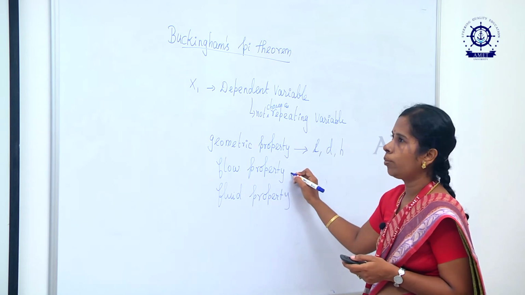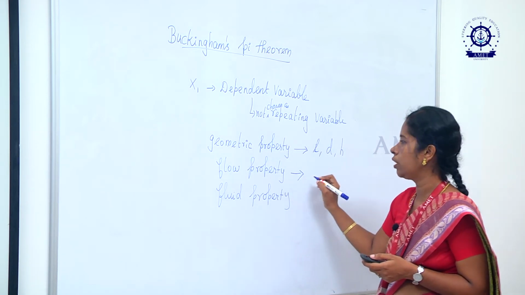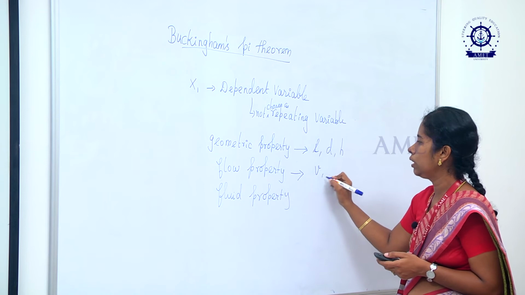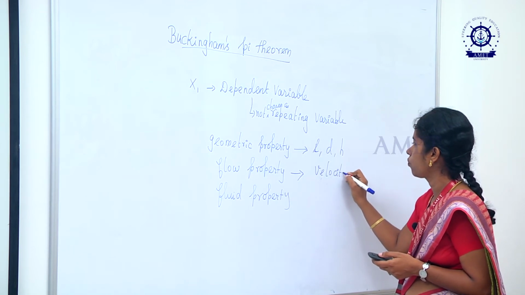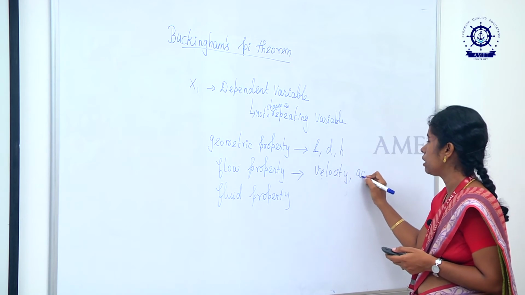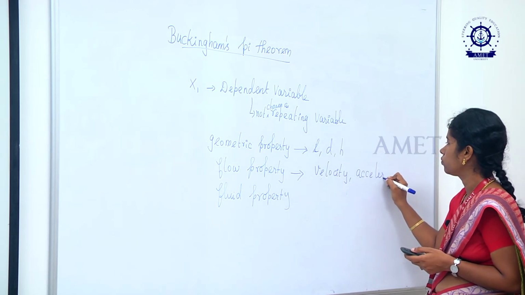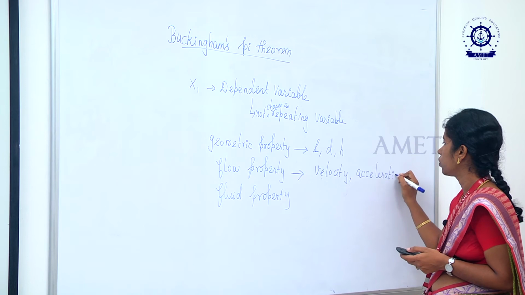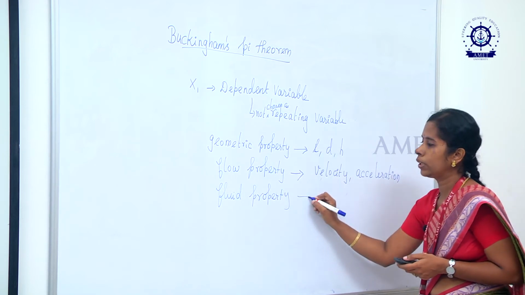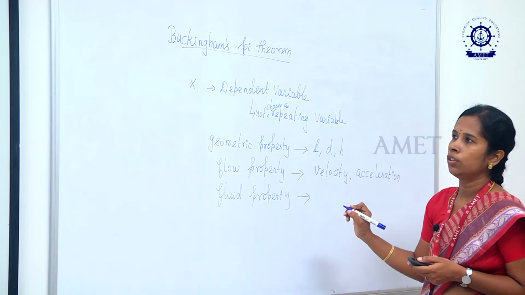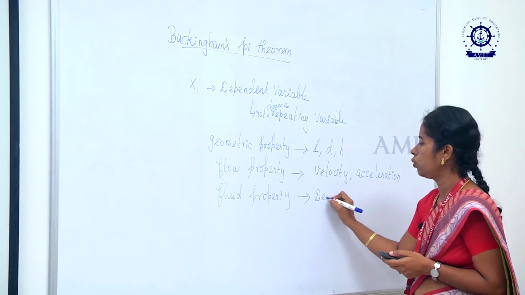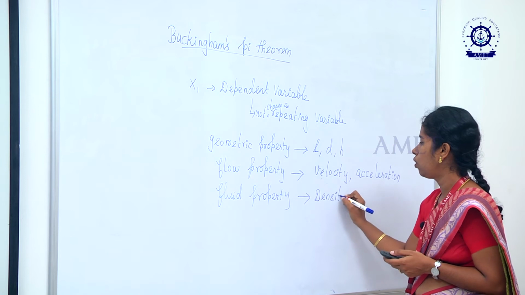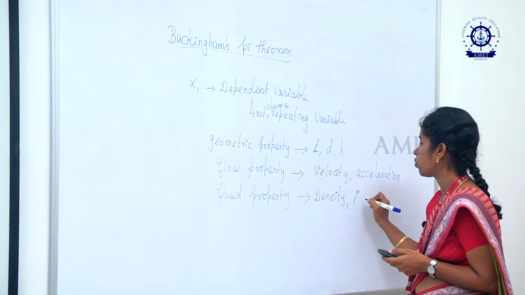Next, flow property: which will come under flow property? Velocity and acceleration. Which will come under the fluid property? The fluid property will be density; either you can select density or dynamic viscosity.